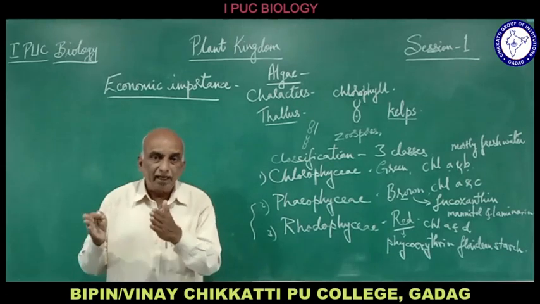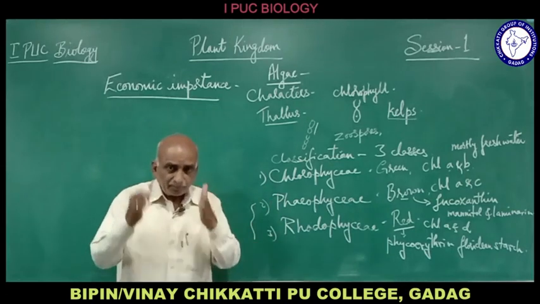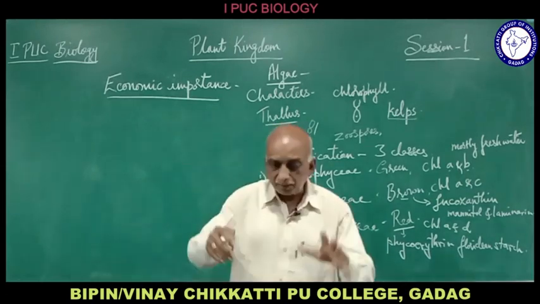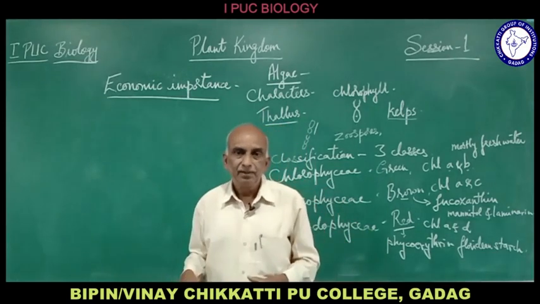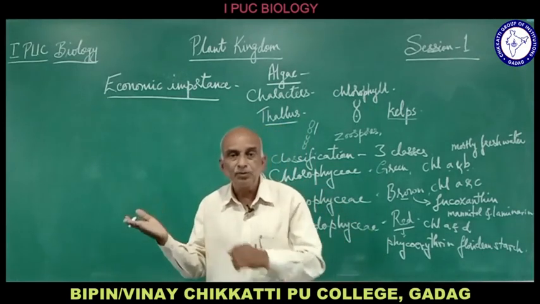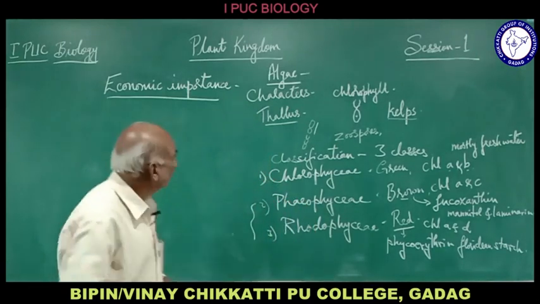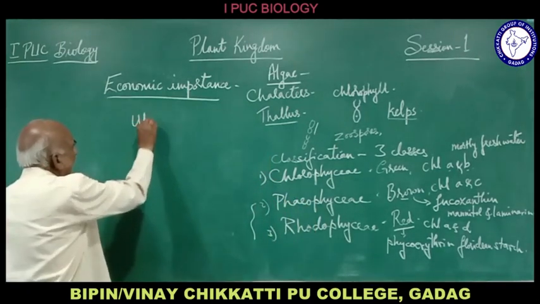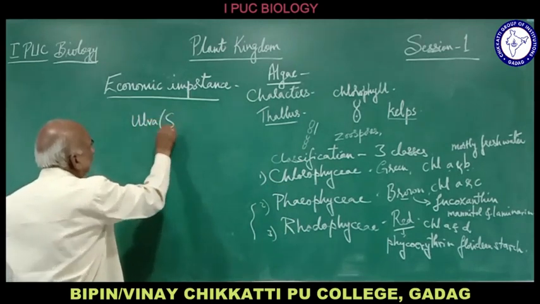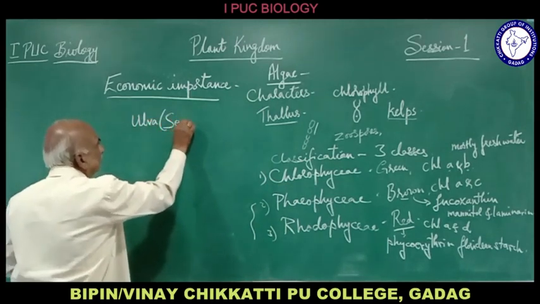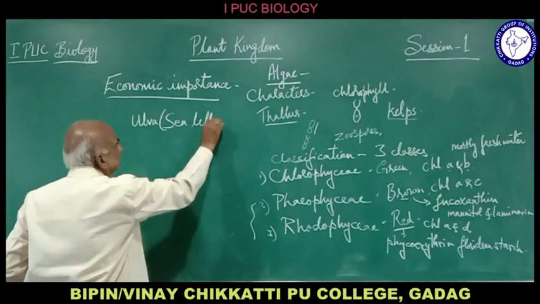So there the kelps, what I have said, certain brown algae which grow nearby the shores and form kelps, they cut those kelps and use them as food material. For example, there is one brown algae called ulva, or sea lettuce.